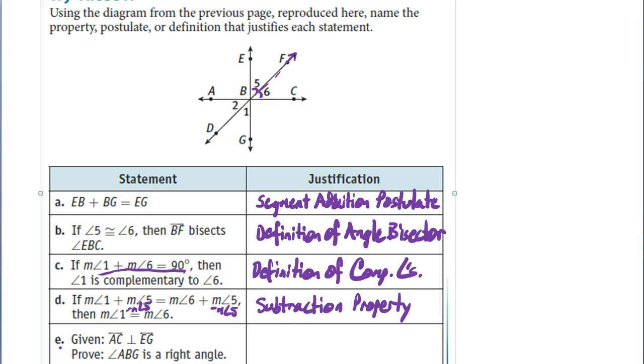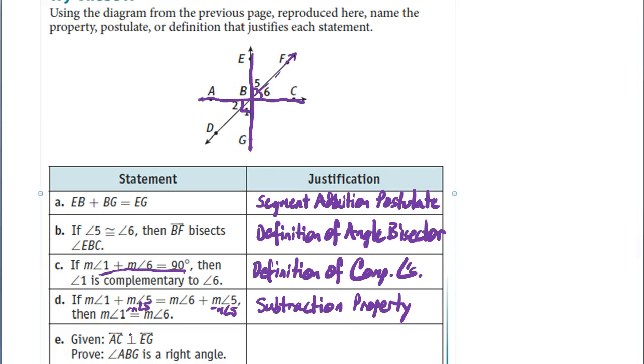And finally, question E. Given that line AC is perpendicular to line EG, so given that this line is perpendicular to this line, how can we show that angle ABG, right here, how can we show that this is a right angle?